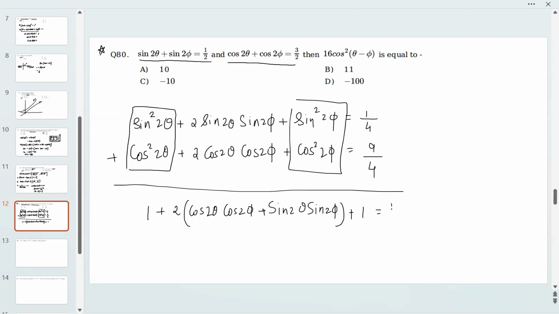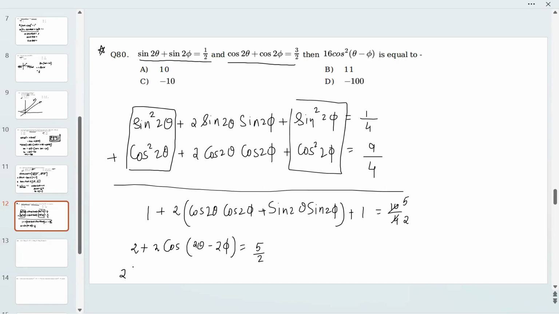After adding this, we will get 10 by 4, which we can cut and write 5 by 2. So 1 plus 1 we will get 2. So 2 plus, I hope you remember the compound angle, cos A cos B plus sin A sin B is cos of A minus B. So cos of 2 theta minus 2 phi is equal to 5 upon 2.